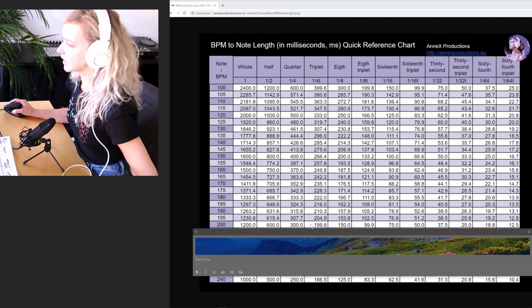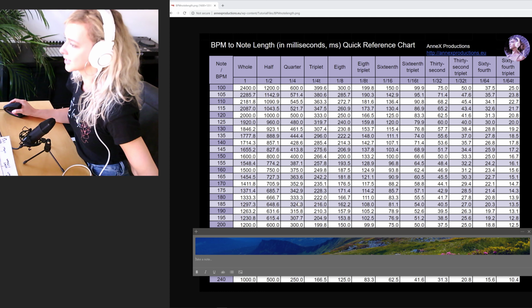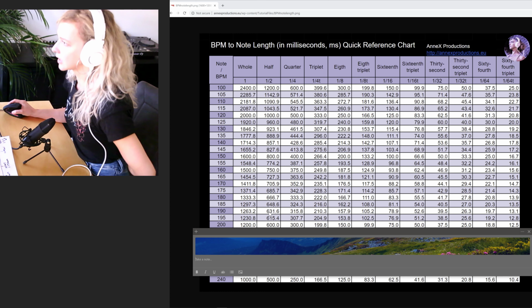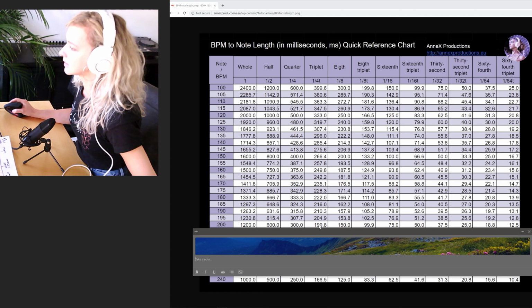And the triplet length is always a little bit less than the quarter length because a triplet is a third and a quarter is a quarter. And a third is 33.3%, and a quarter is 25%. So that's why it is a little smaller.